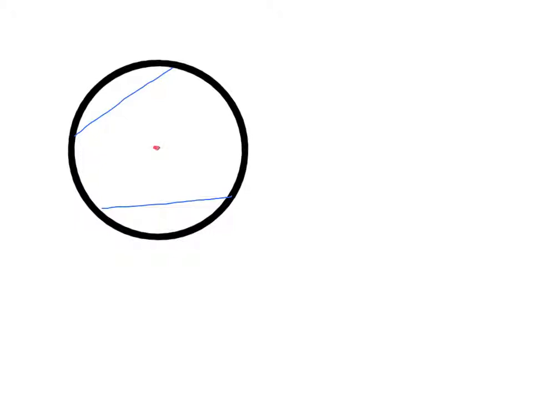And when I say distance, I mean perpendicular distance. So the perpendicular line going from the center to that chord will be equal to the perpendicular line going from the center to that chord. So it's always the case. Two chords, if they're the same length, then they're going to be the same distance from the center.